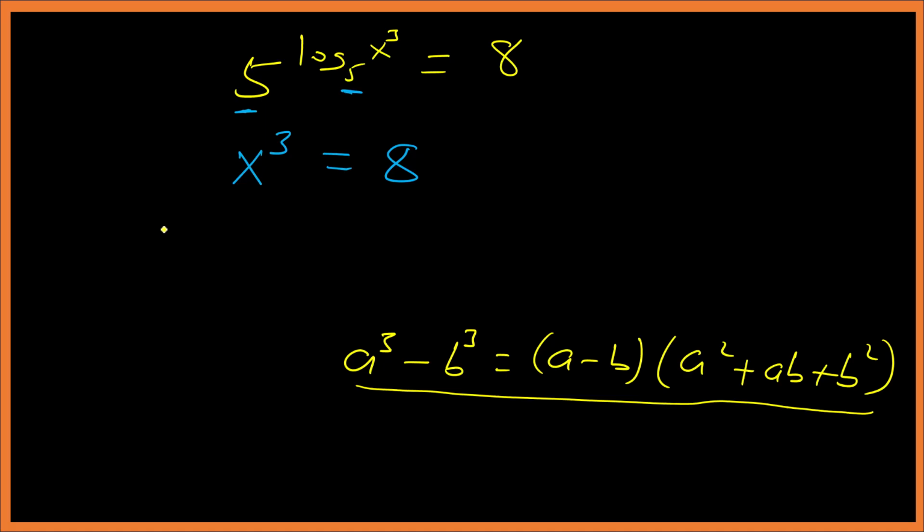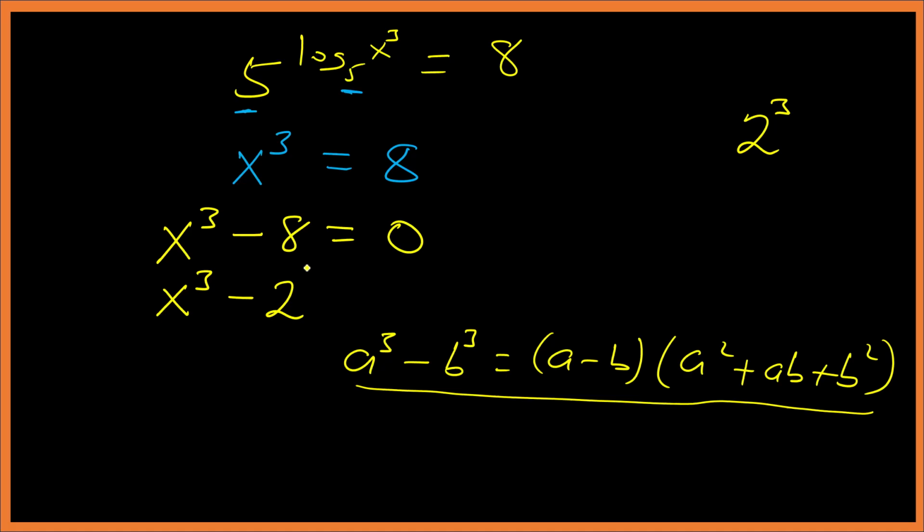Now I know x cubed minus 8 equals 0, where 8 is the same as 2 to the power 3. So if I write x cubed minus 2 to the power 3 equals 0, my a is now x, then my b is 2.